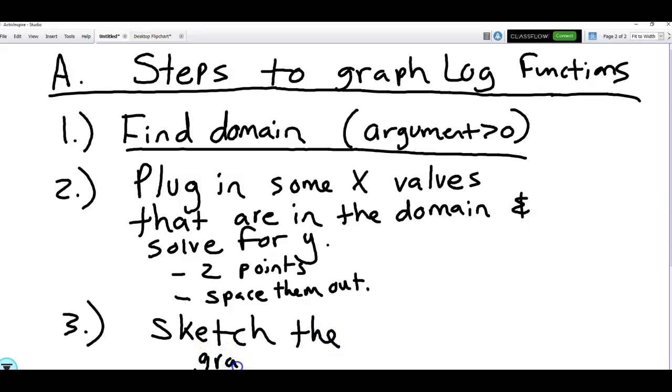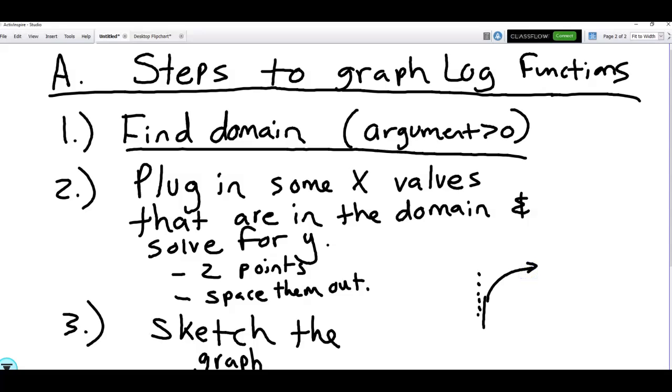Now, logarithms always pretty much look like one of these possibilities here. So first of all, they have a vertical asymptote. They look really flat as they're up against that asymptote, and then they increase as they go to the right. Okay?